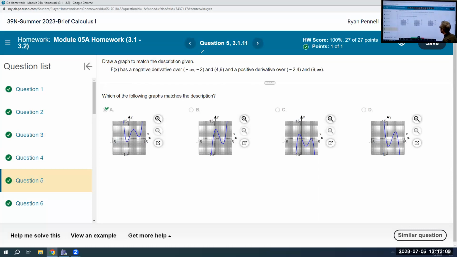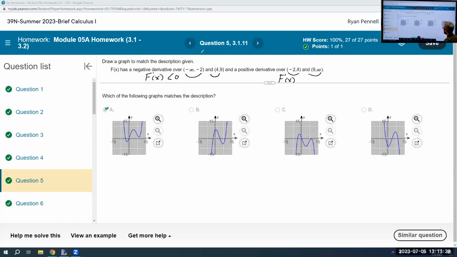All right, this is number 5. F of x has a negative derivative on the interval negative infinity to -2. F prime of x is less than 0 on this interval and this interval, and it has a positive derivative on this interval and this interval.